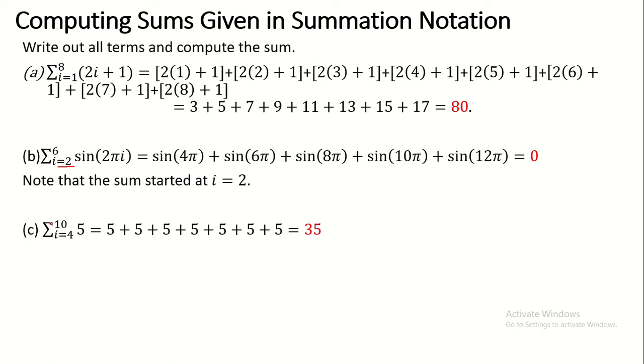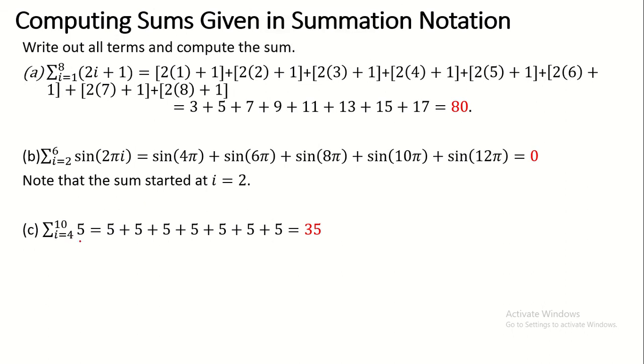For letter C, we have the summation of 5. 5 is a constant from I is equal to 4 up to 10. So kung bibilangin natin, we have 4, 5, 6, 7, 8, 9, 10. So we have 1, 2, 3, 4, 5, 6, 7. So we should only have 7 terms.